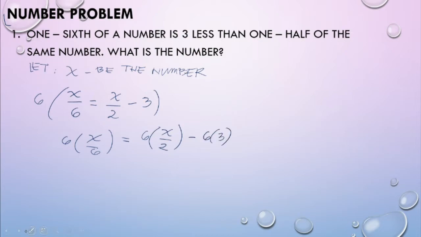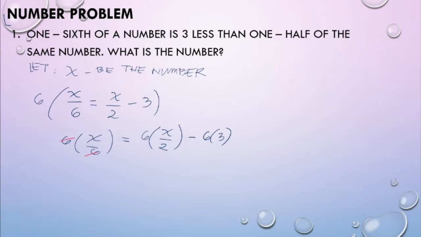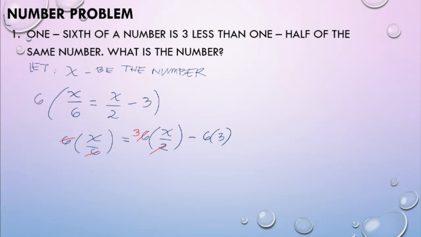Now, let us simplify. So, dito, mangyayari is, cancel na yung 6. Dito naman, 6 divided by 2 is 3. Cancel na yung 2. Okay, then, let us simplify it further. So, on the left side is x na lang, equals 3 times x is 3x. Negative 6 times 3 is negative 18.